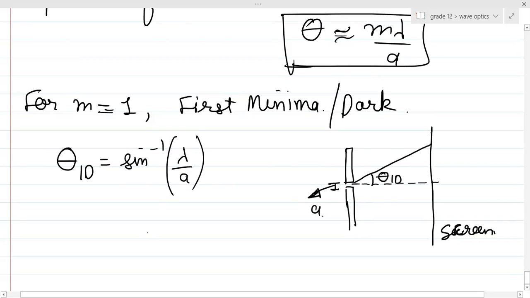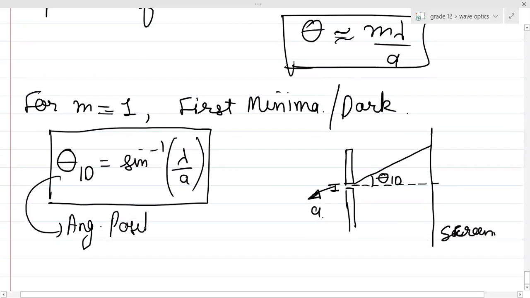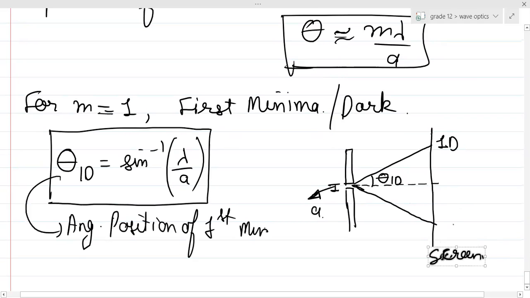Yes, is this clear, guys? This is the angular position of the first minimum. The same first dark will be formed on the bottom of the pattern as well, right? So this will also be your first dark.